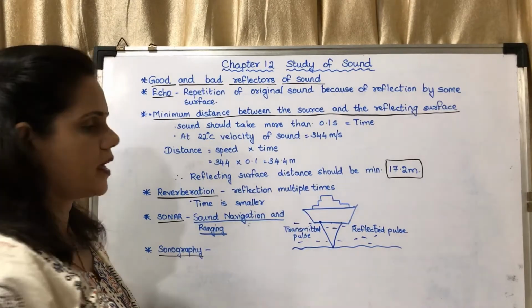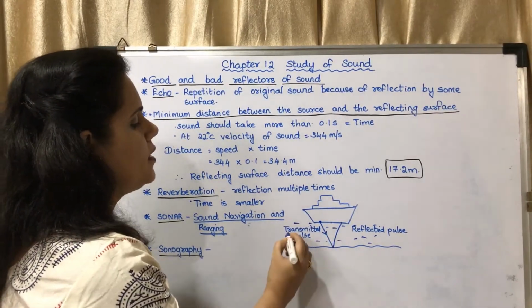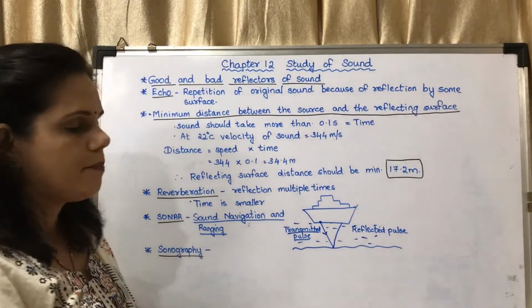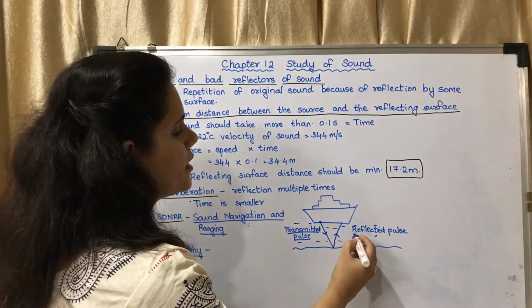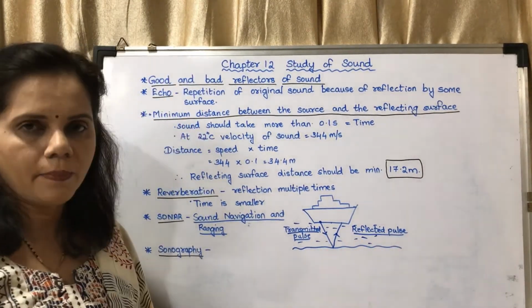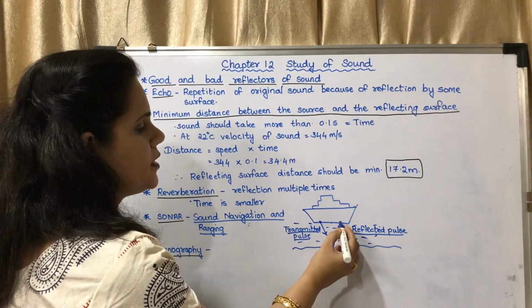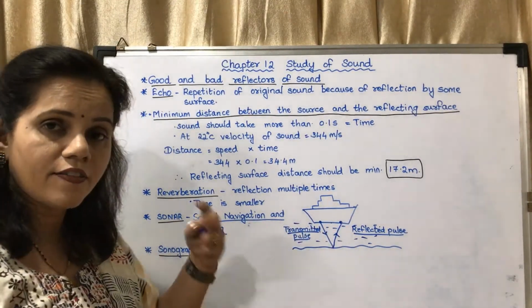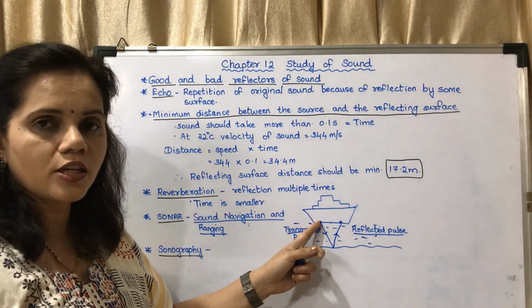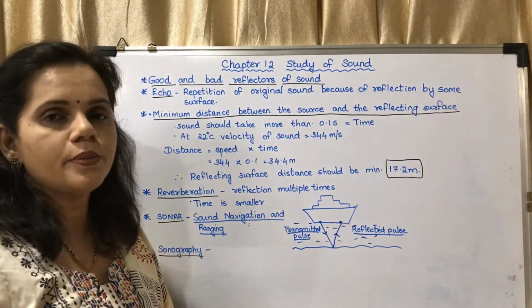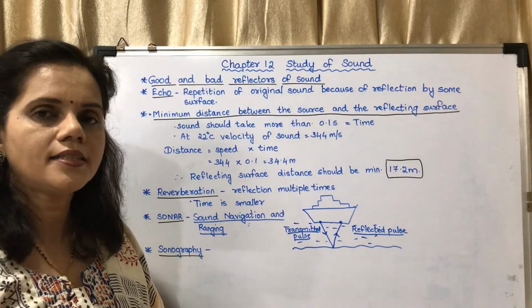This is said to be the transmitted pulse, and the reflected one is said to be the reflected pulse. The time taken from the time it was transmitted to the time it was received is calculated.